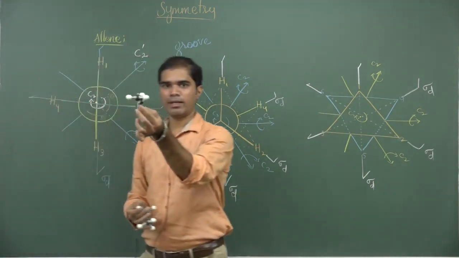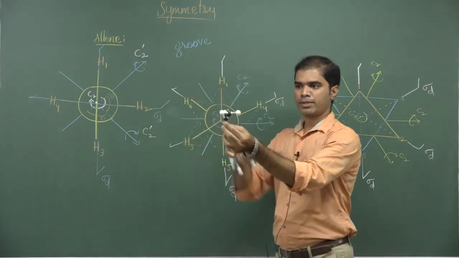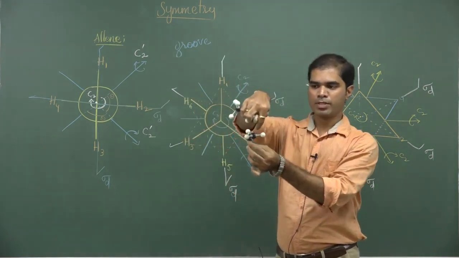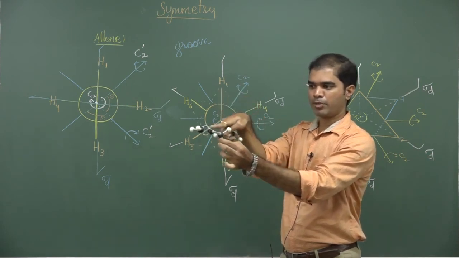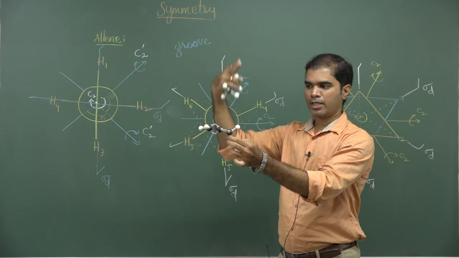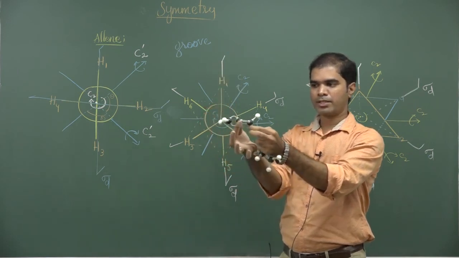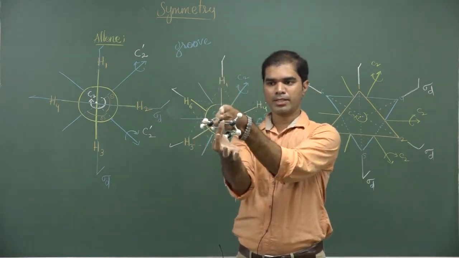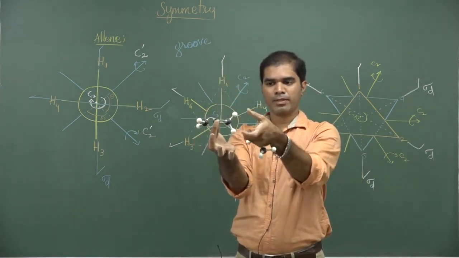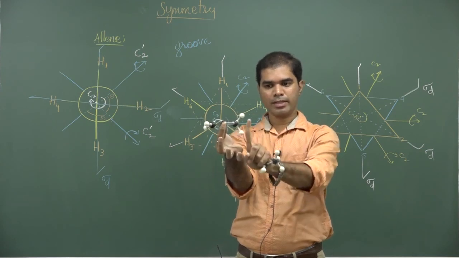Either I hold it this way, this is the principal axis pointing towards you. If I hold it this way, this is the principal axis passing through the 3 carbons. There is no sigma h. Why is there no sigma h? Suppose I am holding it this way, imagine that this is a sigma h. This half which is towards your right hand side is in the vertical plane.